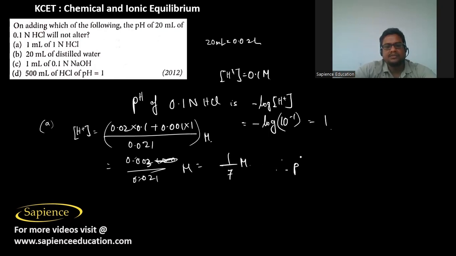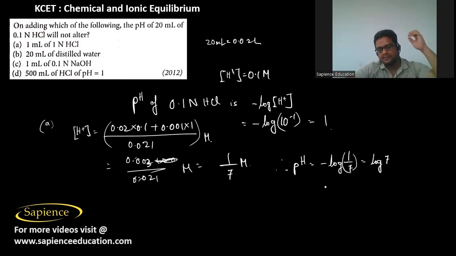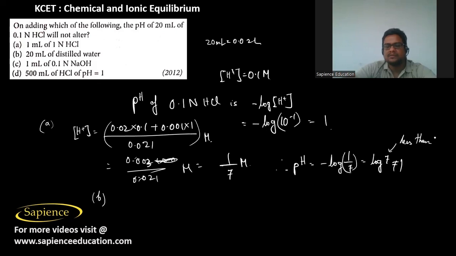Therefore the pH will be equal to minus log of the H plus concentration, which is 1 by 7, so it is log 7, which is not equal to 1. Log 7 will be less than 1, since log 10 is equal to 1.